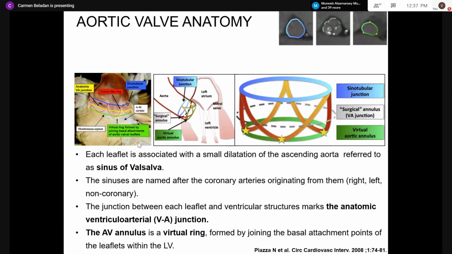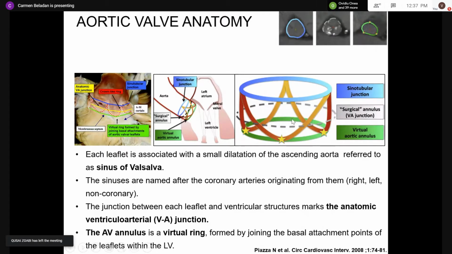The junction between each leaflet, so these are the leaflets, and ventricular structures, here is the ventricle, the junction marks the anatomic ventriculo-arterial junction.